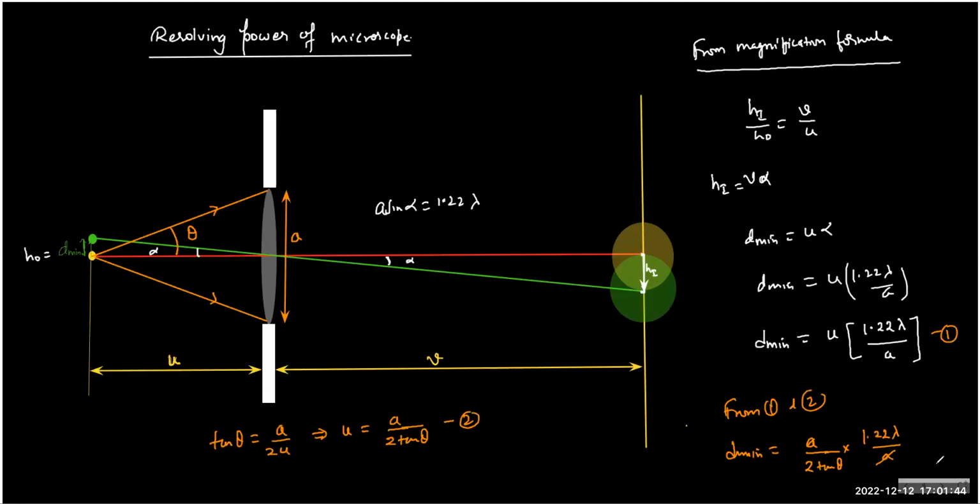So what we get here is D minimum equals 1.22 lambda by 2 tan theta. And this you can write as 0.61 lambda by tan theta.